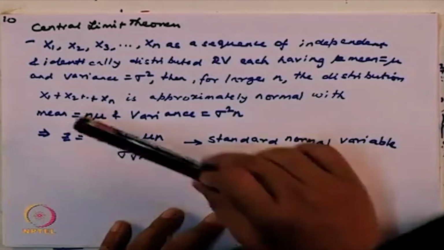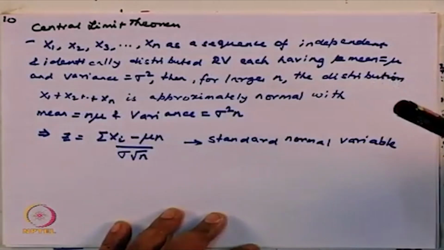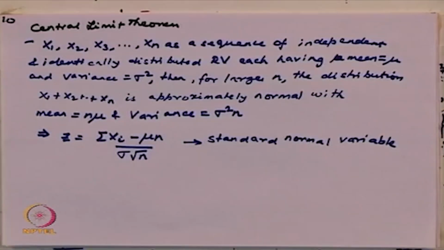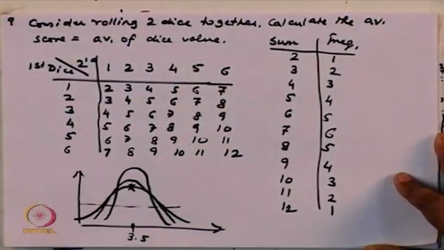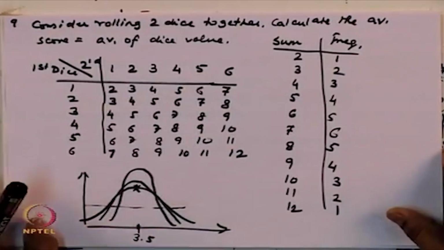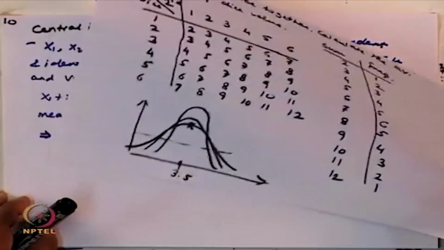If the xi's are from a symmetric distribution, as we did for the rolling of a die case, then even for small values of n you will get a normal random variable, and that is what we obtained. Even for n equal to 2, we obtained a roughly normal distribution. Increase in n will give you better results.